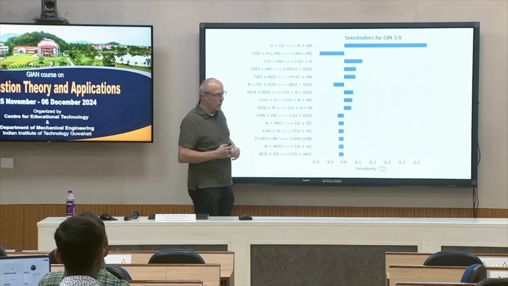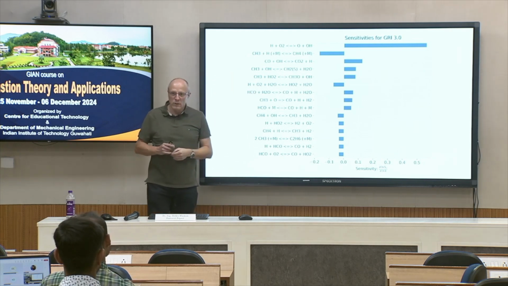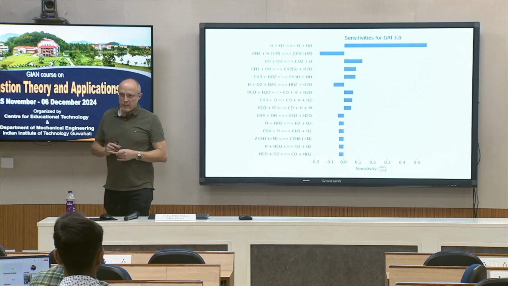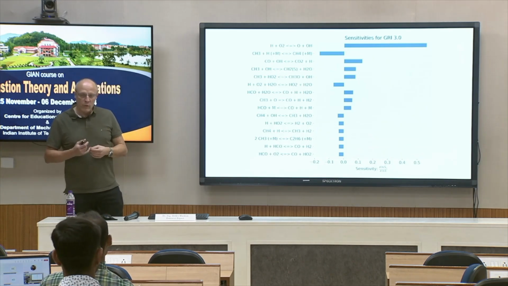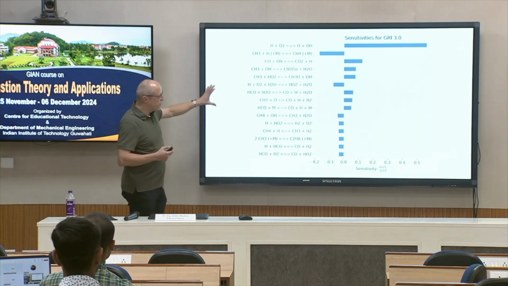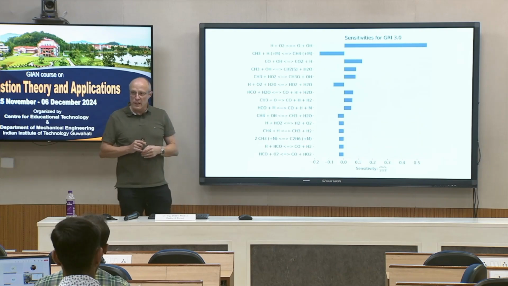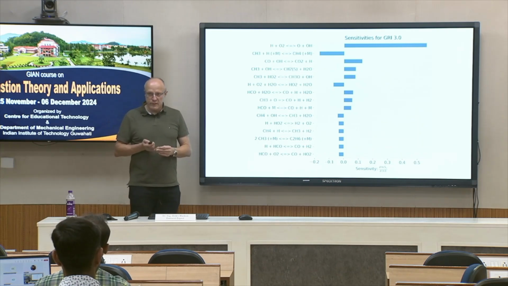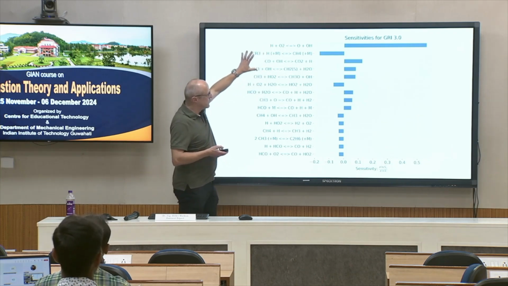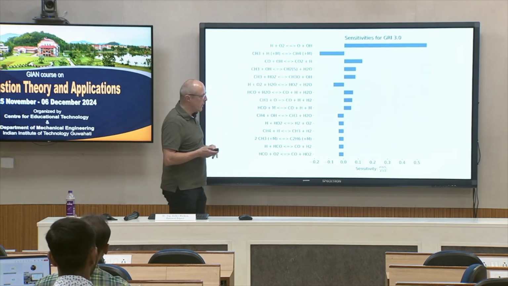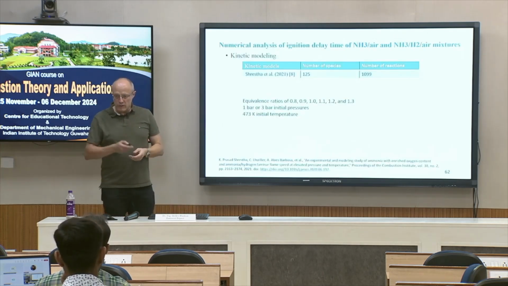And again, we only plot the 12 or whatever, the 12 most important reactions from over 100 reactions. These 12 are very important concerning calculation of a laminar burning velocity. So again, here we have to focus. If we know them very well, then the result can be very good.